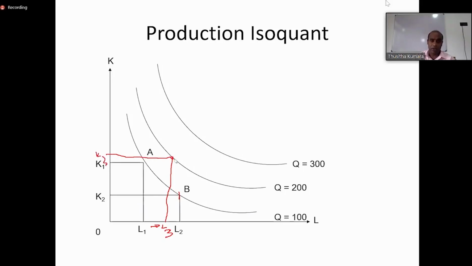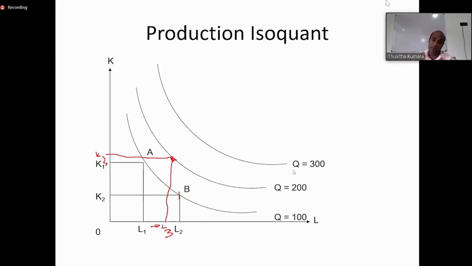Then you will have a higher output level. So this tells us, if you want to go for a higher output level, either you can increase capital keeping labor fixed, or increase labor keeping capital fixed, or change labor and capital together.